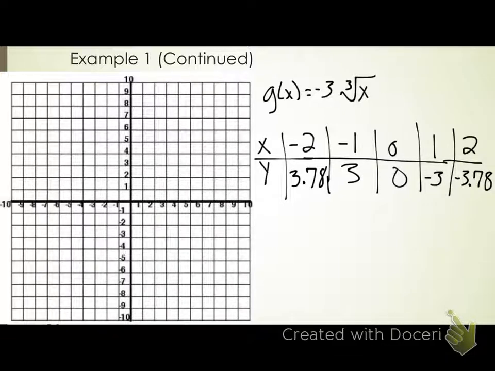Okay, let's graph them. Negative 2, 3.78. Negative 1, 3. 0, 0. 1, negative 3. 2, negative 3.78.